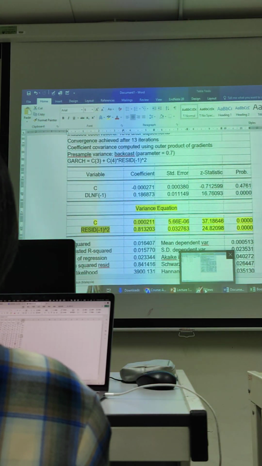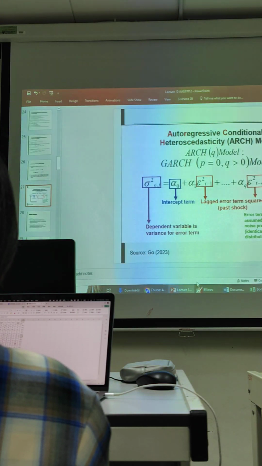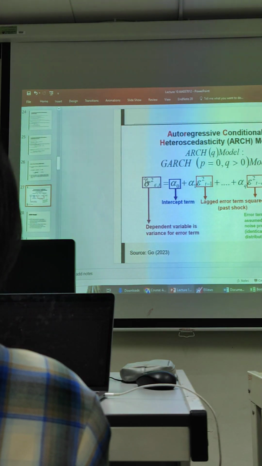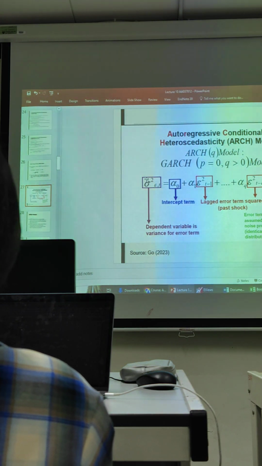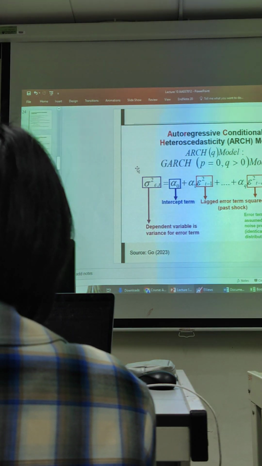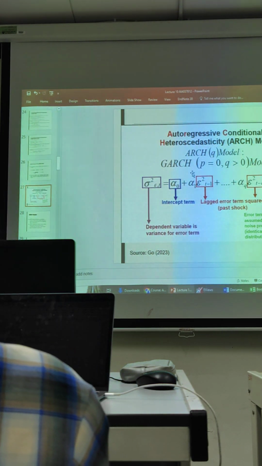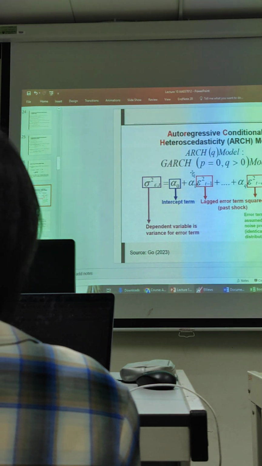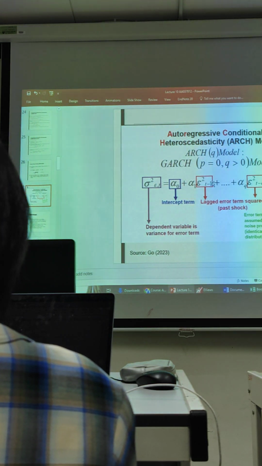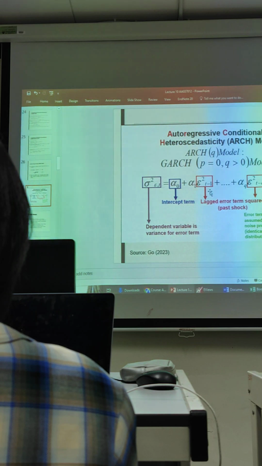Because I just put P equals to 0, Q equals to 1. So Q equals to 1 here, just 1. So t minus 1. So I just model my variance for the error term as allowed to be influenced by the lag of the error term squared, only one period. So what happened? How are you going to write your models?